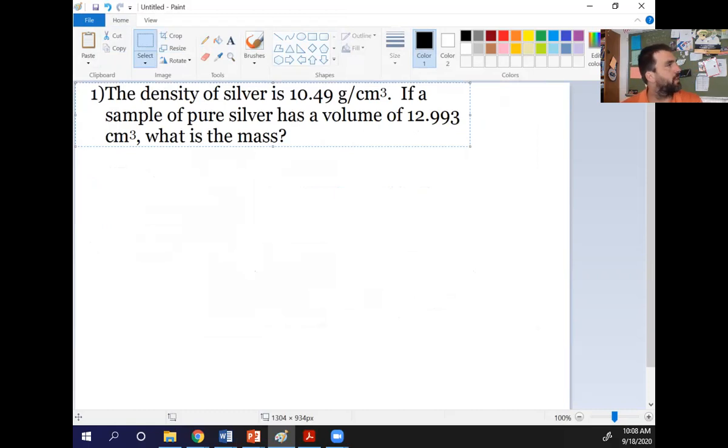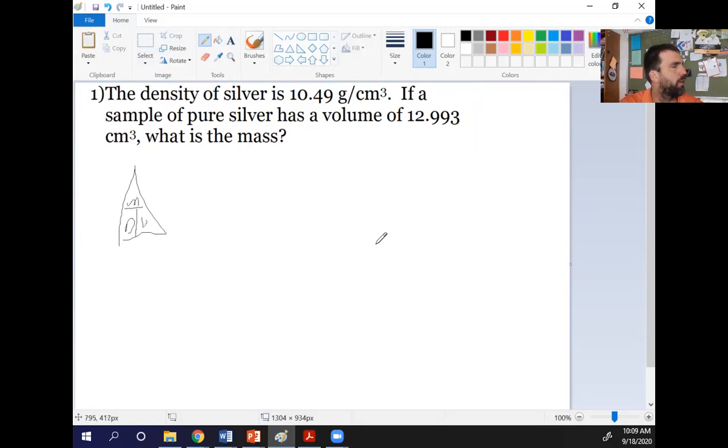All right, so here's the next question. The density of silver is 10.49 grams per centimeter cubed. If the sample of pure silver has a volume of 12.993 centimeters cubed, what is the mass? So what's my equation for mass? Did you write the triangle down? The triangle, I think, is probably one of the easiest things to use with this. If you can remember the triangle, density on the bottom, volume on the bottom, mass on the top.